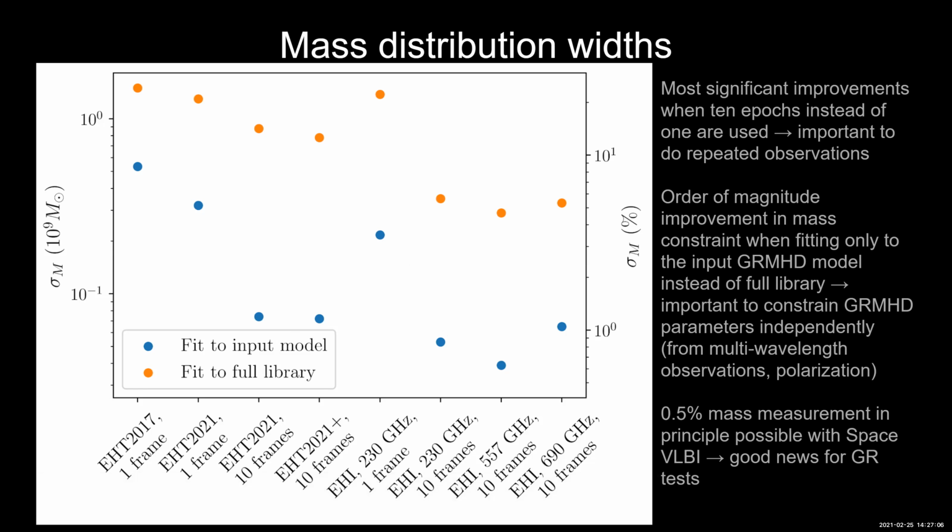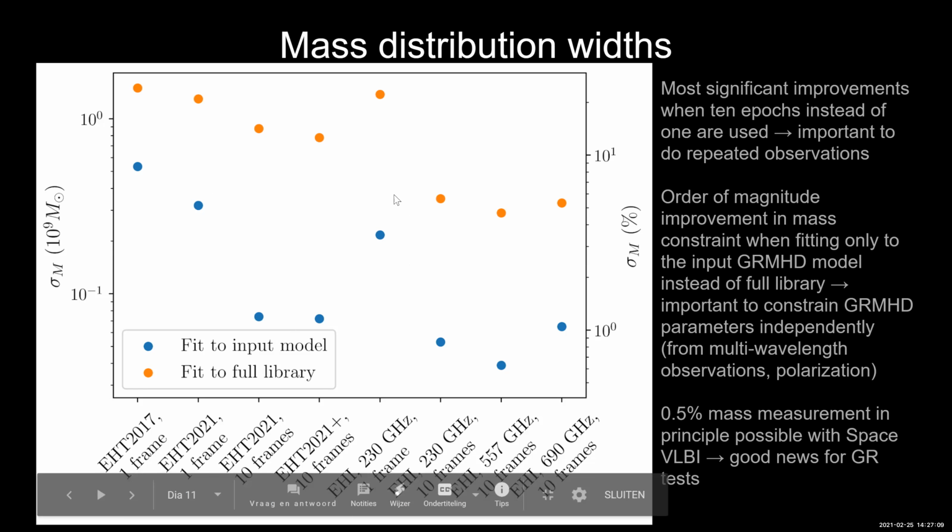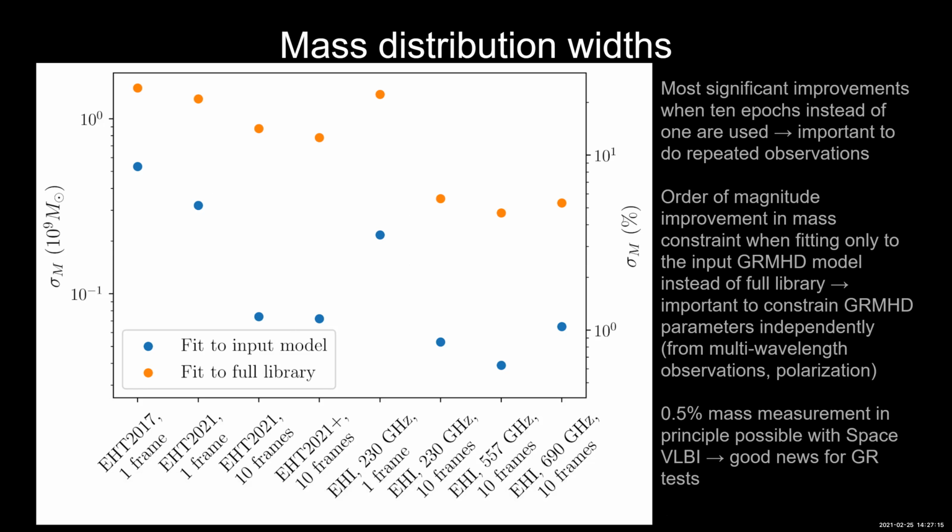But we also see that despite the model selection, there's quite a large gap between the mass that we get when we fit to the full library versus to the input model only. So that is telling us that it may be important to constrain these GRMHD parameters independently, for example, with multi-wavelength observations.